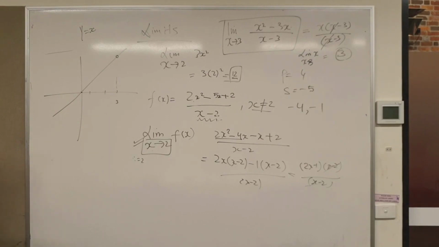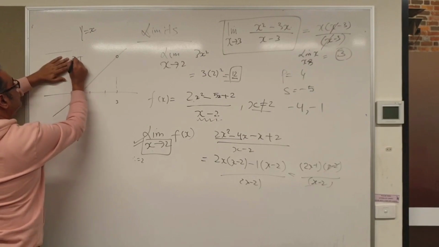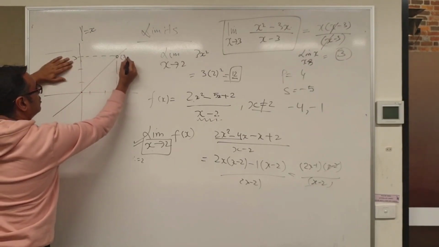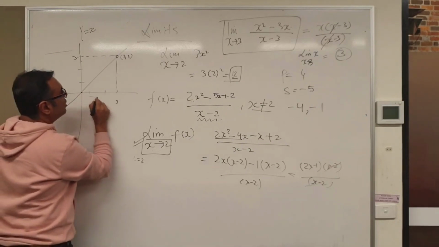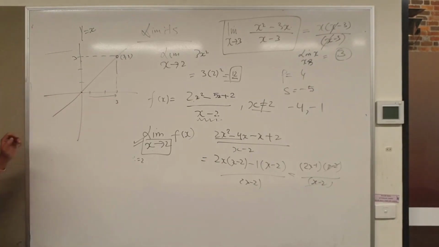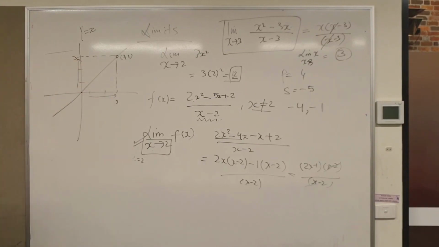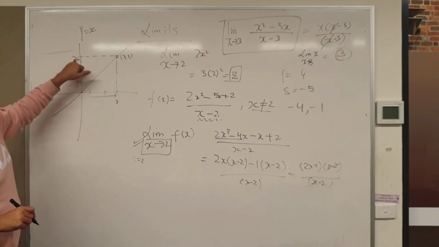Now, what is it actually telling me? So this will be 1, 2, 3. This is 3, 3. It tells me that as you get closer and closer to 3, your y value will go closer and closer to 3. But since x cannot be 3, your y value cannot be 3.